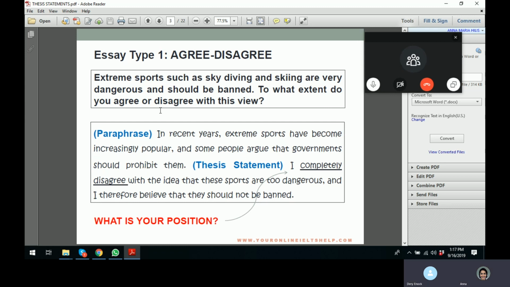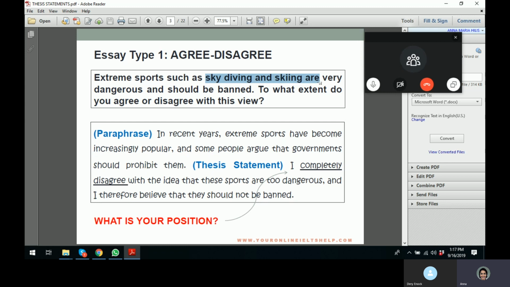So as you notice, some of the important parts of the task are paraphrased. For example, extreme sports is not paraphrased in itself, but the whole sentence is paraphrased. Skydiving and skiing are, of course, examples of extreme sports, so it's not mentioned here anymore.